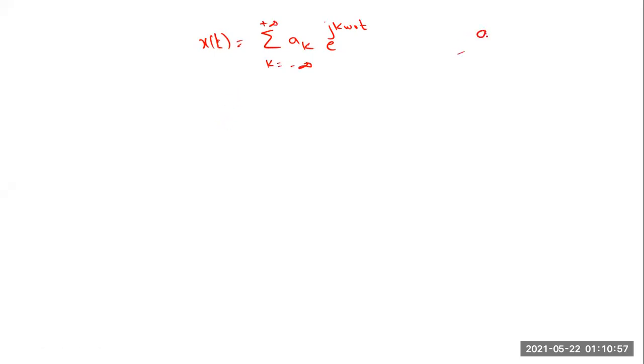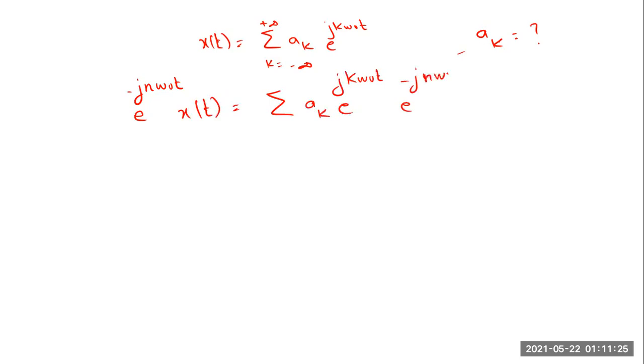And we want to find the expression for it. So what you can do is multiply both sides by e power minus j n omega naught t. So I will multiply e power minus j n omega naught t on the left hand side as well as on the right hand side. And then I will integrate both sides over the period.